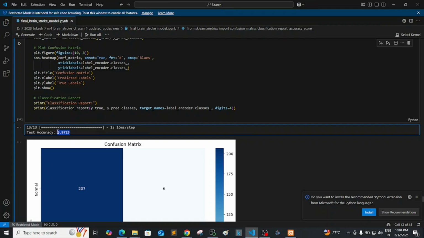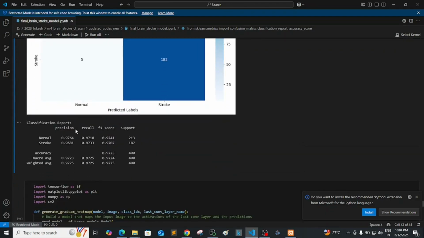One was getting around 89 to 90%, and another one had a validation accuracy of 87, and the validation and training accuracy were much different. In our case, training is 99.75 and testing is 97.25. You can see even the classification report: 97.25, 97.41, 97.07, which is far better than those two papers.